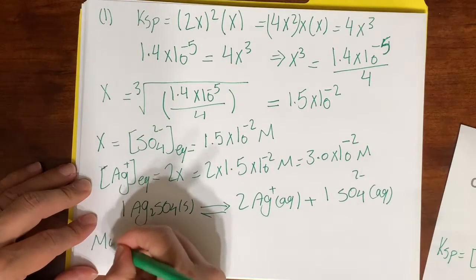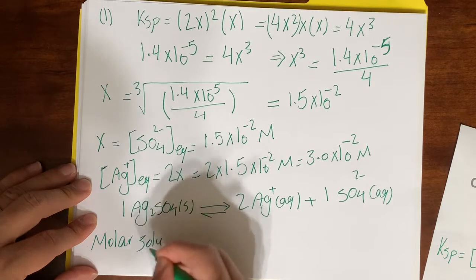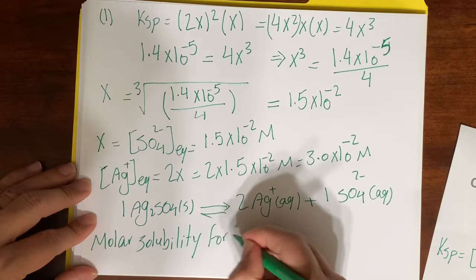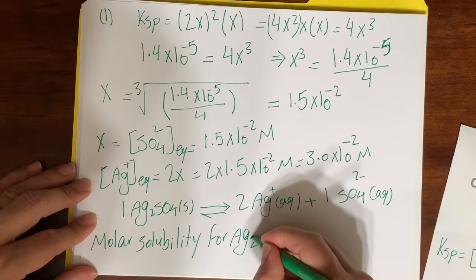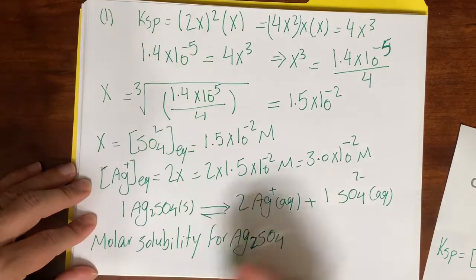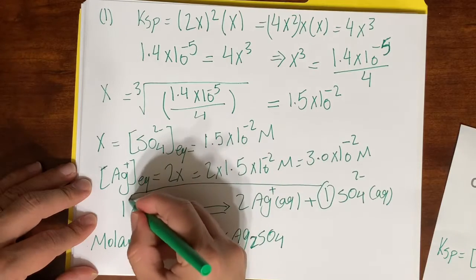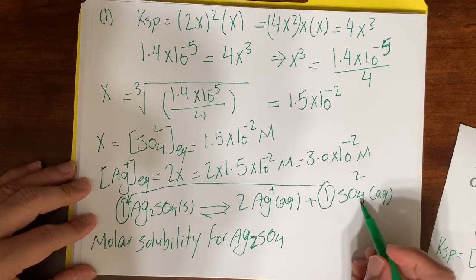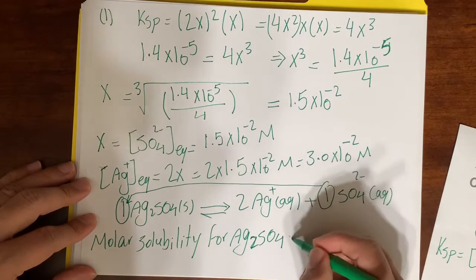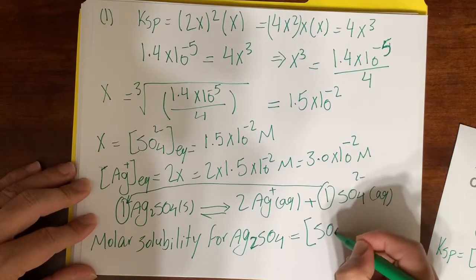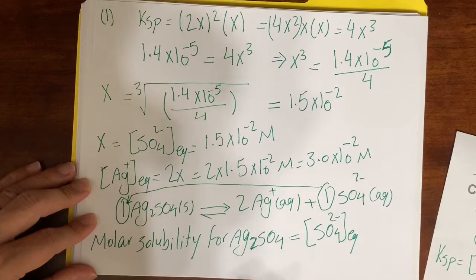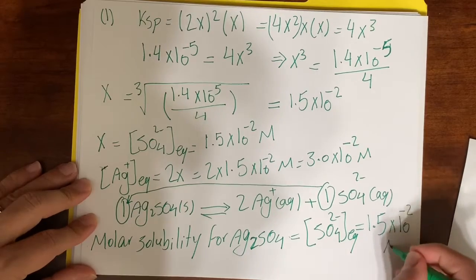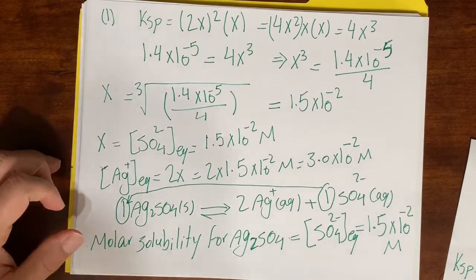The molar solubility for Ag2SO4 will be equal to the concentration of the particle that has a coefficient of 1. So it will be equal to the concentration of sulfate under equilibrium condition, which is equal to 1.5 multiplied 10 to the power of minus 2 molar, or x. Okay.